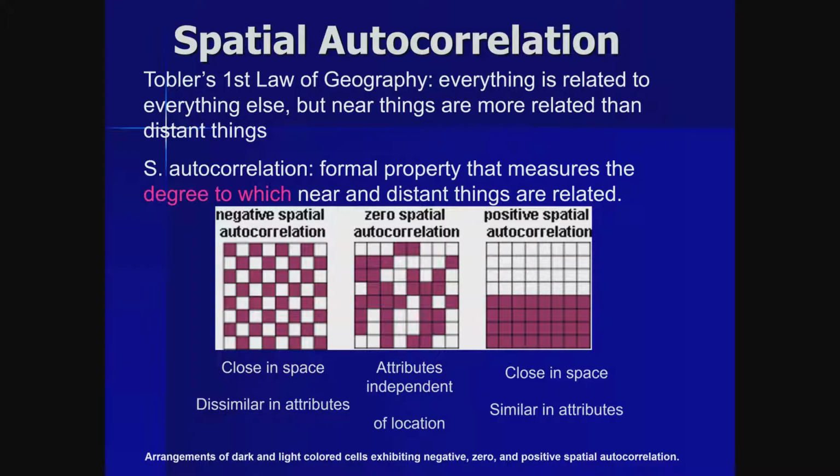All right, positive spatial autocorrelation is when they're all related. Nearby values are related to each other. This shows like on and off.